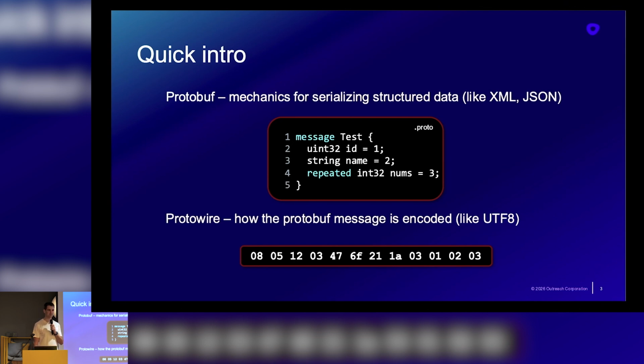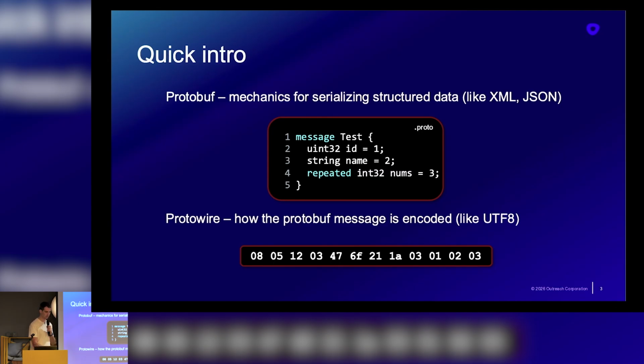So quick intro. Protobuf, we can simply say, is a mechanism for serializing structured data, similar to what XML or JSON does, but it should be faster and more space efficient. And how does it work?